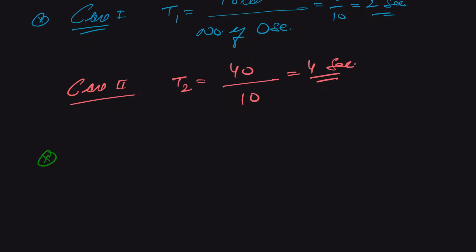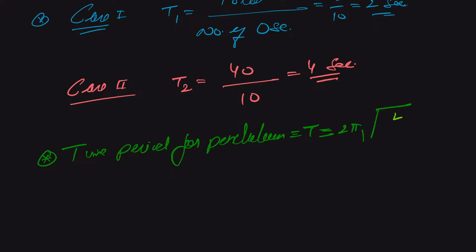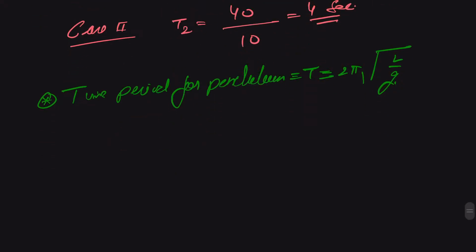But for a pendulum, the time period T is equal to 2 pi square root of L upon g, and we can apply this to case 1 and case 2.